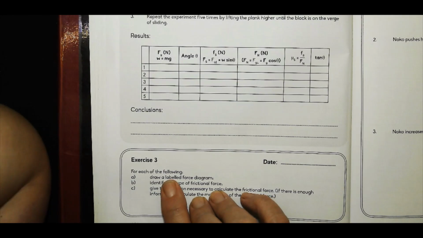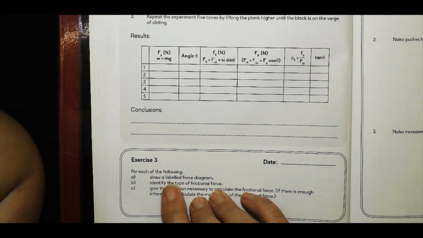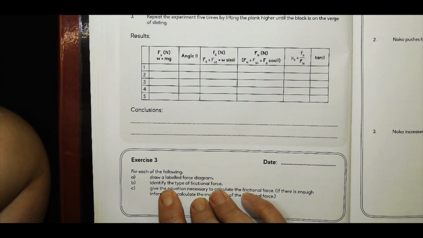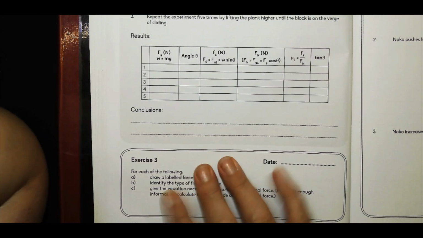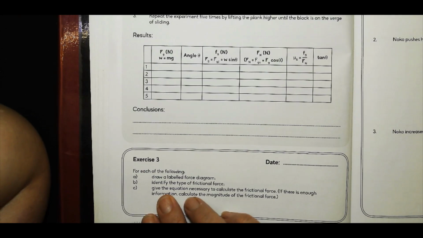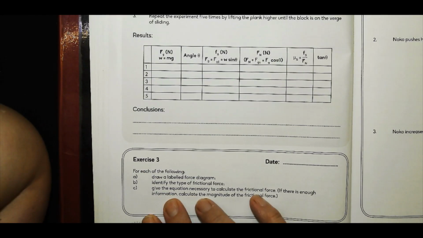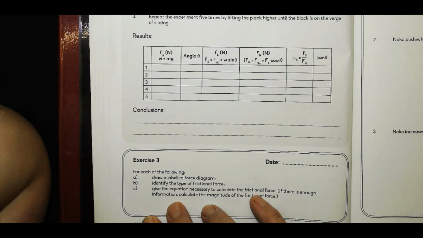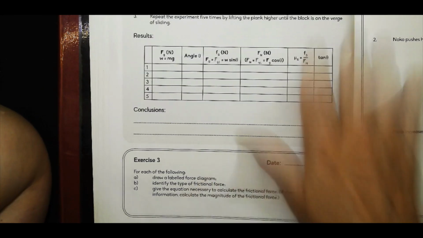In questions 1, 2 and 3, you had to draw a labeled force diagram and identify the type of friction force that was acting on the object. And then the part you haven't done is to give the equation necessary to calculate the frictional force. If there is enough information, calculate the magnitude of the frictional force. So that part would be the homework.